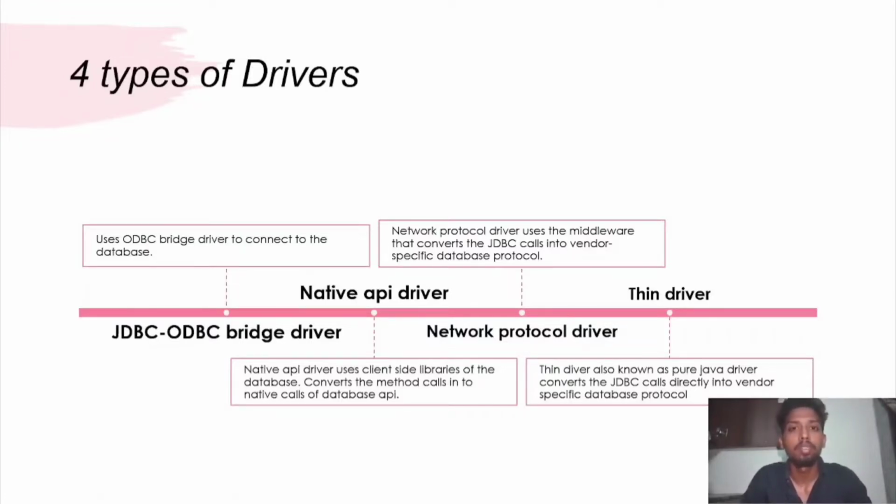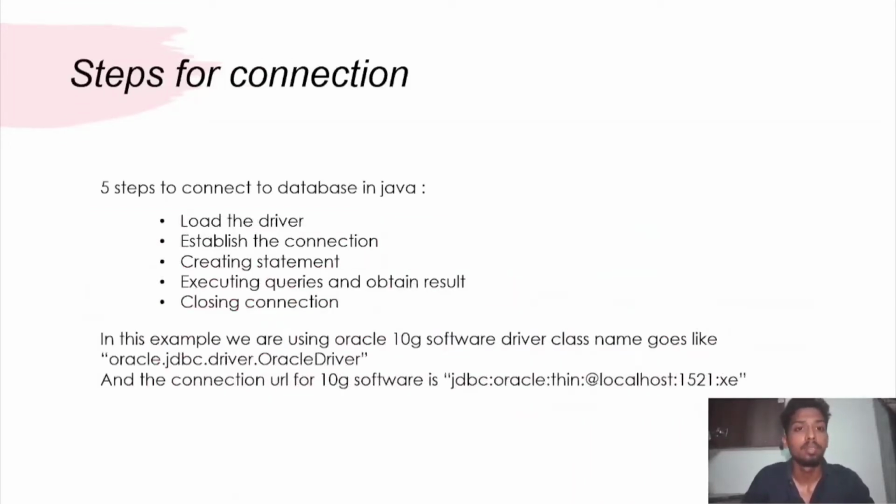There are some steps to be followed to connect a Java application to the database. There are 5 steps: load the driver, establish a connection, create statements, execute queries and obtain the result set, and close the connection. Step 1, loading the driver, helps us communicate with the database. Step 2, establishing a connection: after loading the driver, we have to establish a connection to that particular database. Different databases have different drivers. For example, here I am using Oracle 10G software, so the driver name goes like oracle.jdbc.driver.OracleDriver.